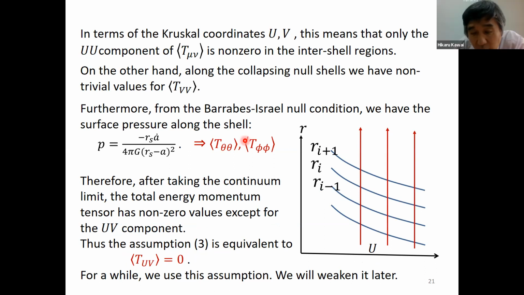Yes. But in some sense, this is not the traditional Israel junction condition. The equation of motion, the equation of state will play some role in determining the motion of the shell, right? So we have a null shell here, and this is the Israel-Barrabès condition for a null shell.